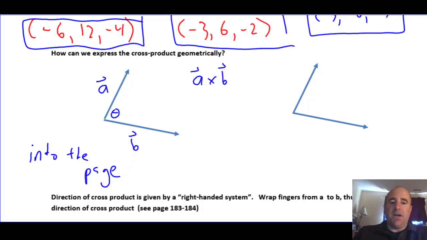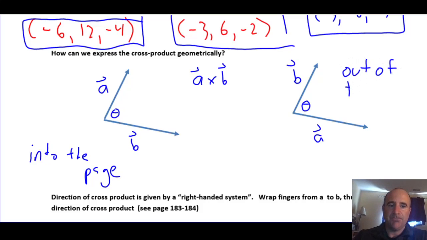If I were to have them the other way, and now this is B and this is A, crossed with B, start at A and curl your right hand fingers to B, and your thumb points out of the page. So now it goes out of the page. They call this a right-hand system. Guess what else is a right-hand system? Almost all screws are threaded using a right-hand system.